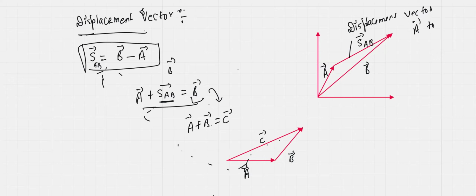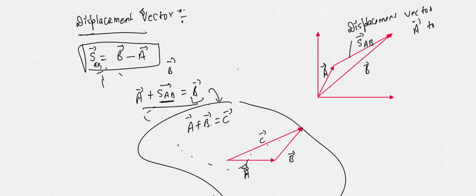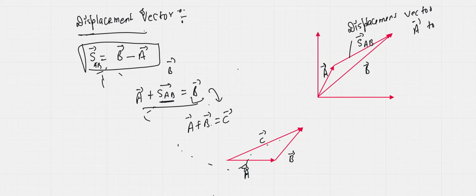I will erase all this part because it is not a part of the displacement vector. If I generally ask you what A plus B is, this is going to give you the resultant vector. What is that resultant vector?